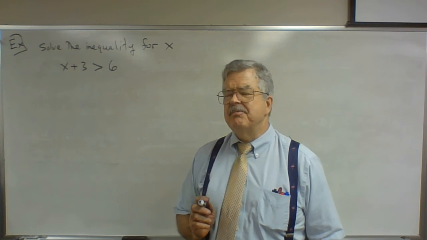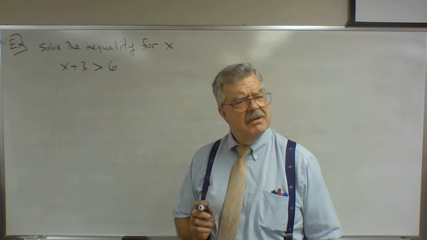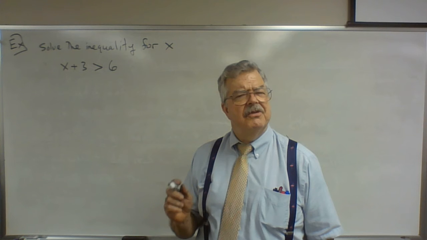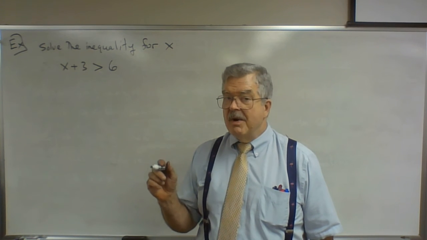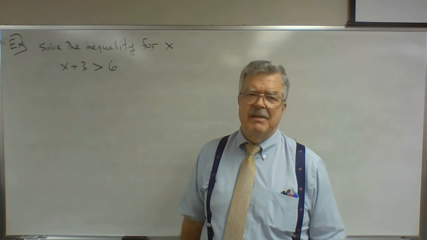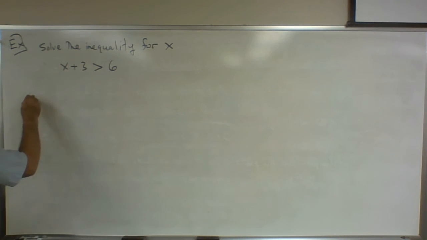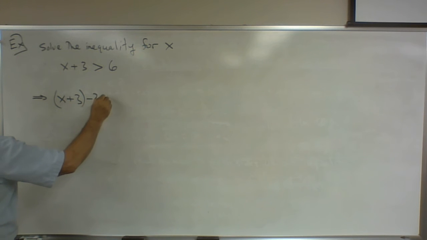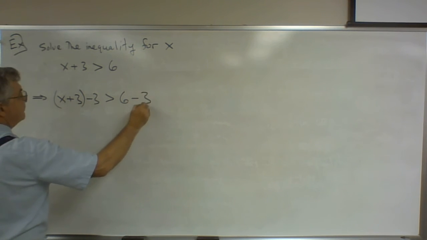And we have this property that says that if we subtract a number from both sides of an inequality, that inequality still points in the same direction. So I can take x plus 3 and subtract 3 from the left and subtract 3 from the right.